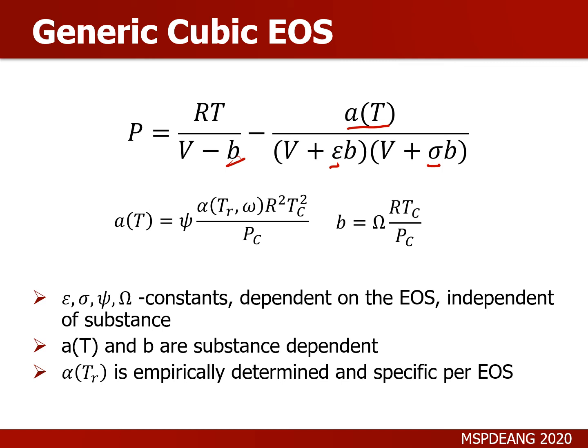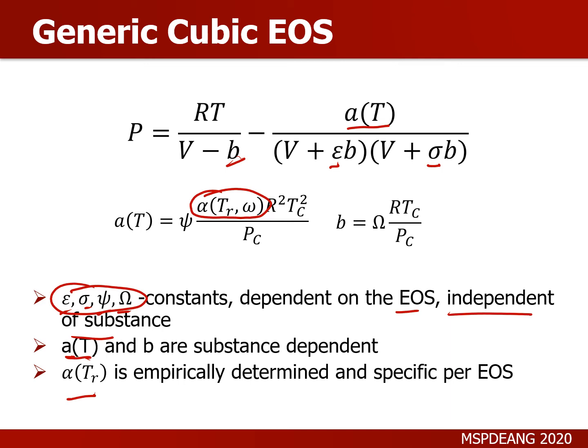Okay, so epsilon, sigma, okay, as well as psi and omega, okay, are constants dependent on the EOS and however independent of the substance. So depende lang sa EOS yung magiging values ng apat na yan. Okay, A of T, okay, A is a function of temperature and B are substance dependent, and alpha TR, which is dito nasa A, okay, is empirically determined and specific per EOS. So ano itong mga iba't ibang cubic EOS na meron tayo?